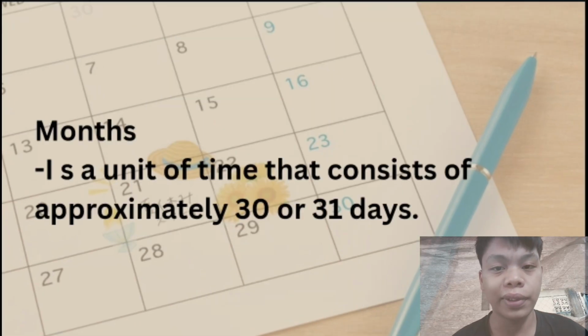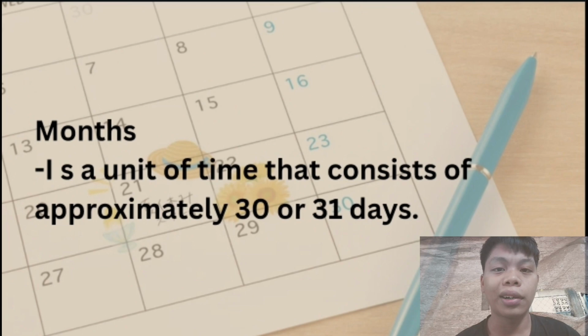Now let's proceed to month. A month is a unit of time that consists of approximately 30 or 31 days. It's based on the lunar cycle, with each month corresponding to 1/12 of a solar year.